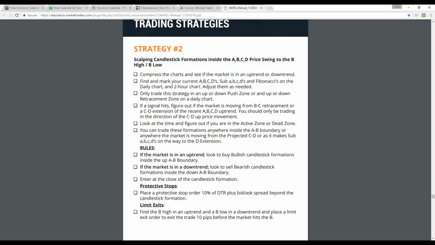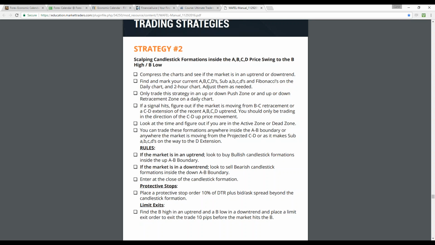By that I mean we always need to compress the chart to determine the overall direction. Then we need to find and mark ABCDs and sub-ABCDs on the way following that direction from the starting point of the trend to where the current market is. And we do this on the daily and the 2-hour.